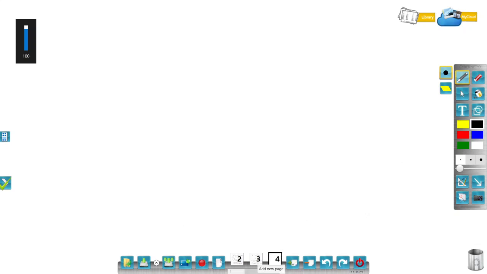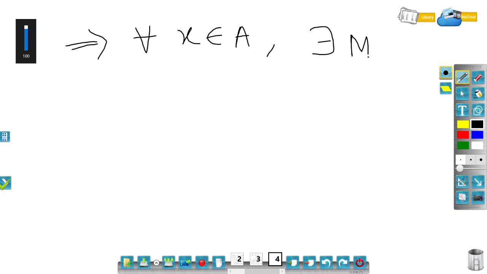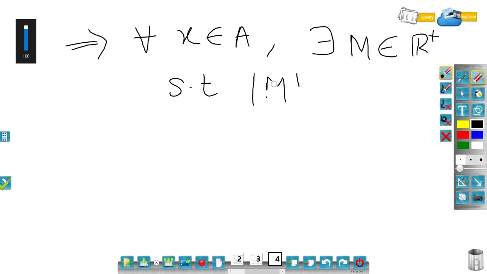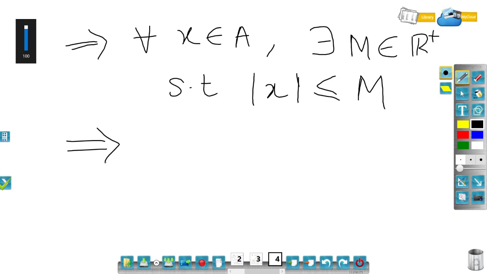So this would imply for any x belongs to A, we have shown that there exists M belongs to R plus such that mod x is less than or equal to M. So this would imply A is a bounded set.